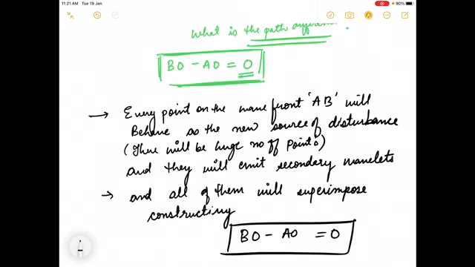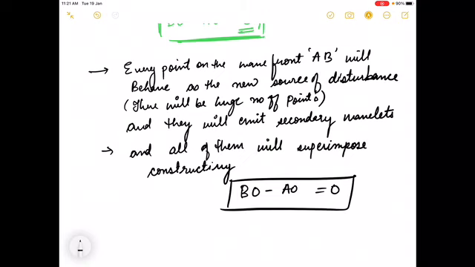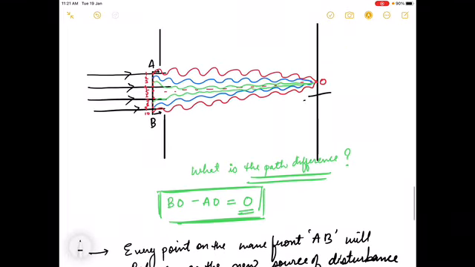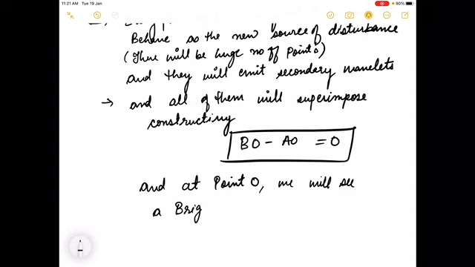So constructively they will interfere, and at point O, right, they will constructively interfere, and what we will see is a bright spot, or you can simply say central maxima, right? I hope this is understandable, right?